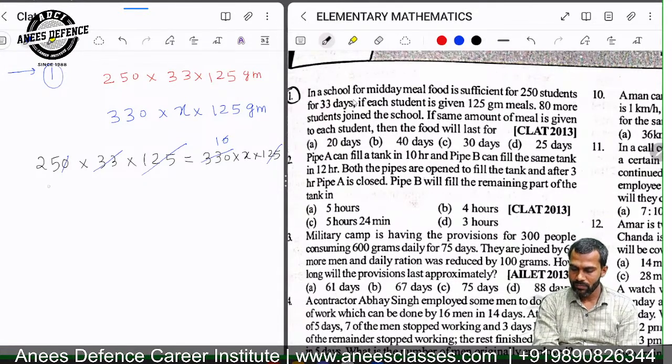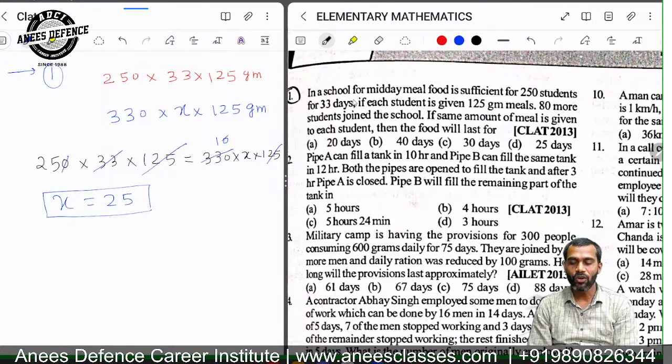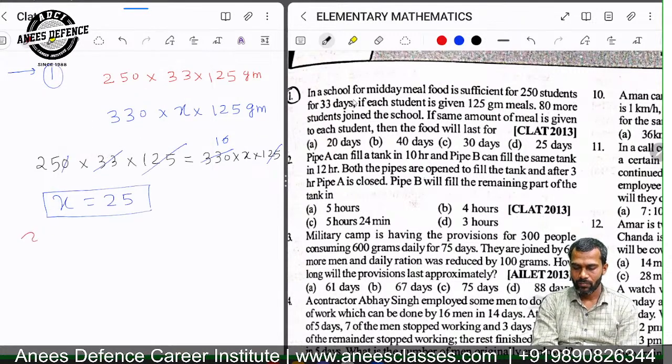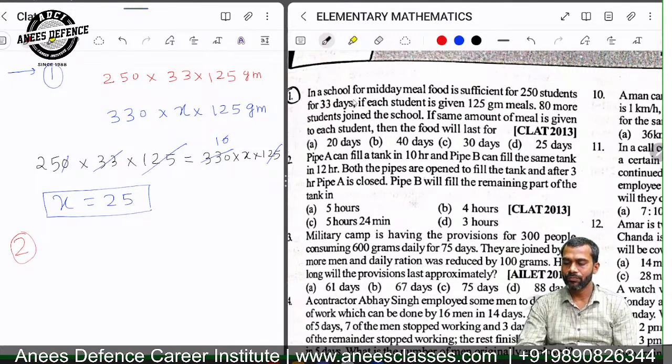So, what is x? 25 days. Very easy. Yes or no? Please try to solve question number 2.